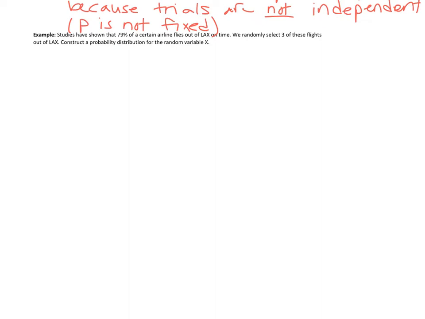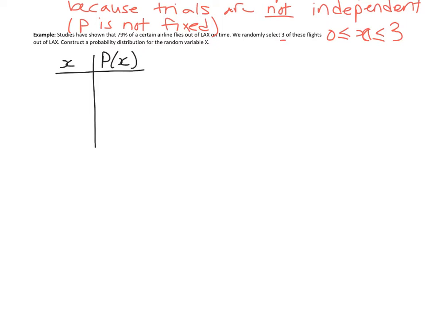Since we're choosing 3, the values of our random variable are going to be between 0 and 3. Whoops, that's an x. All right, so let's construct our probability distribution. We'll have the values of our binomial random variable and the corresponding probabilities.